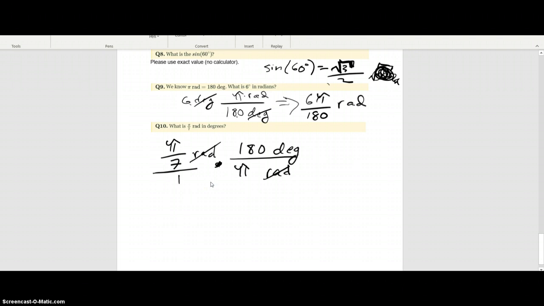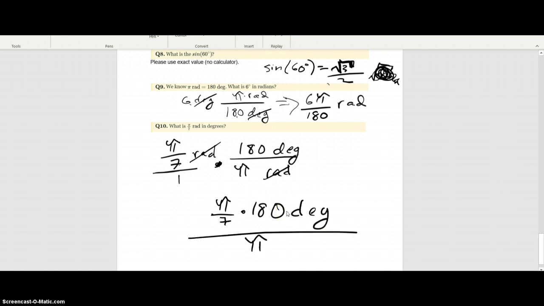So the radians cancel out. You're left with degrees. So we have pi over 7 times 180 all over pi. And then I'll let you simplify that on your calculator.